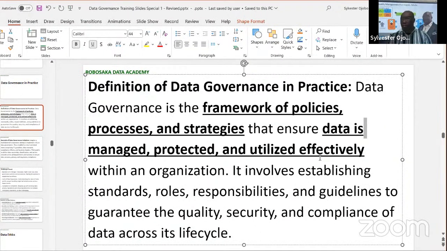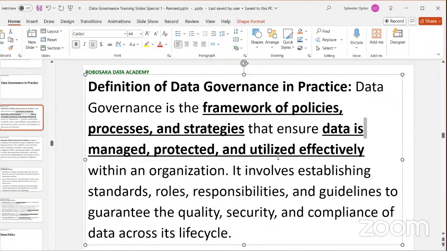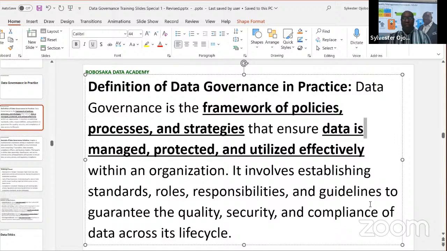So that is the essence of it, to ensure that data is managed and protected effectively within the organization. So what does it involve?